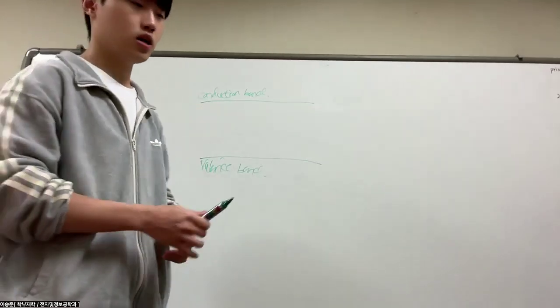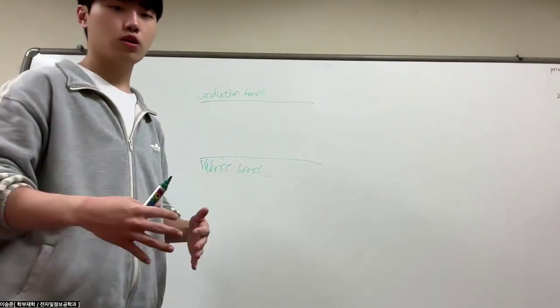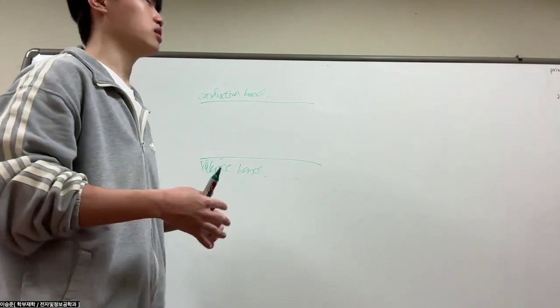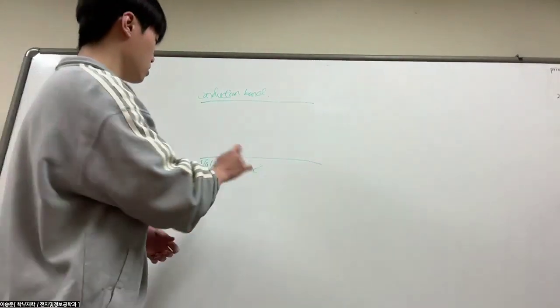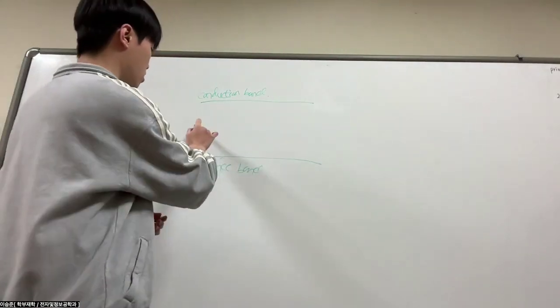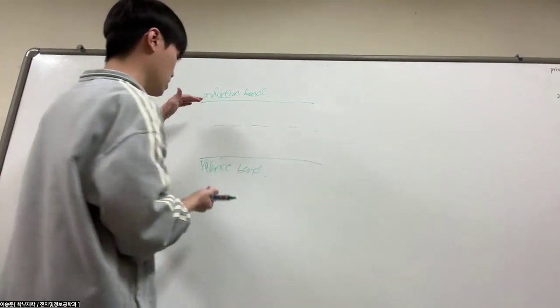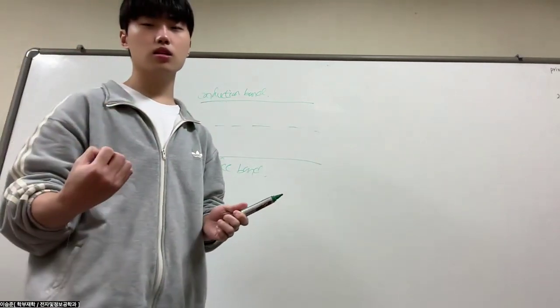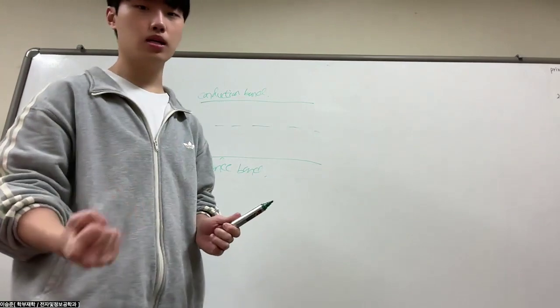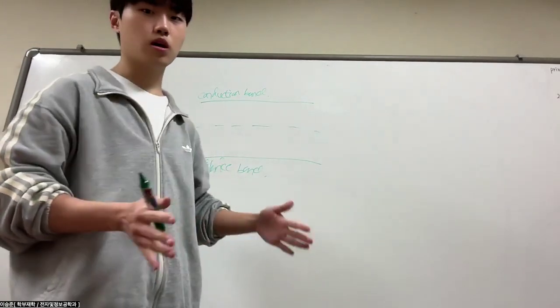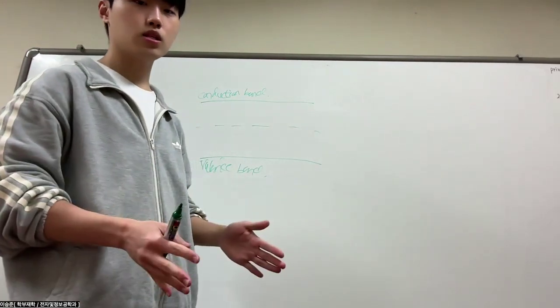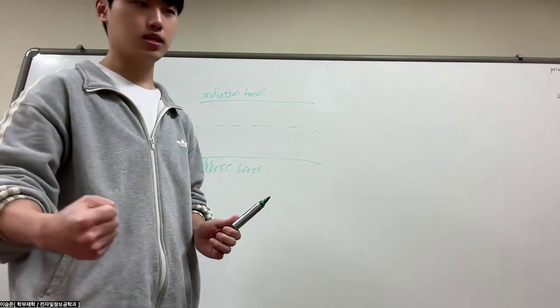And at 0 Kelvin in an intrinsic semiconductor, the Fermi level is at the middle of the forbidden gap. What is the Fermi level? It is the level where the probability of an electron being there is 50%.